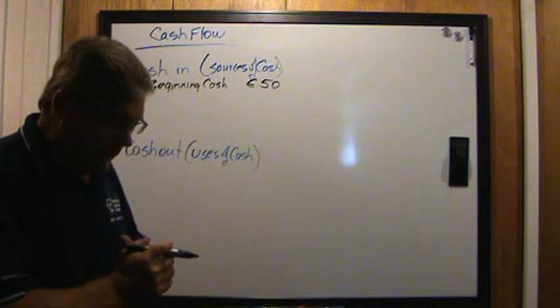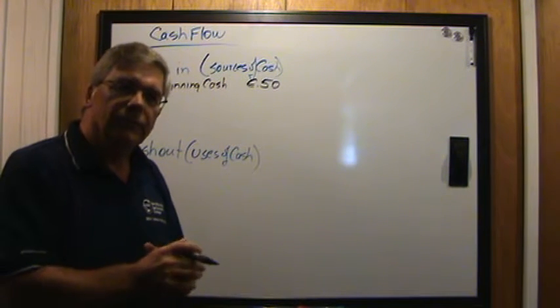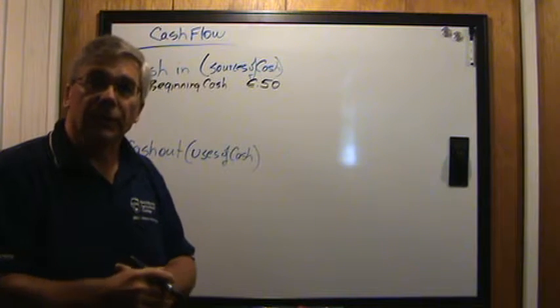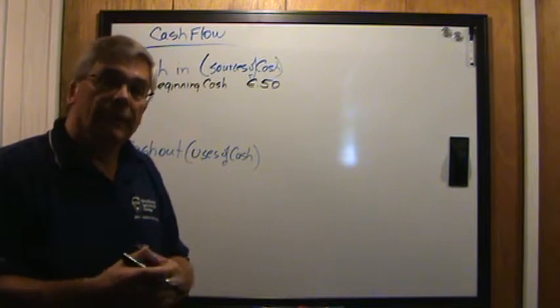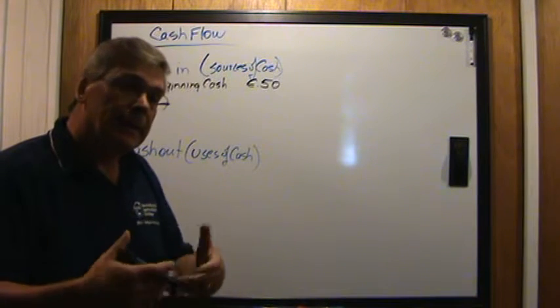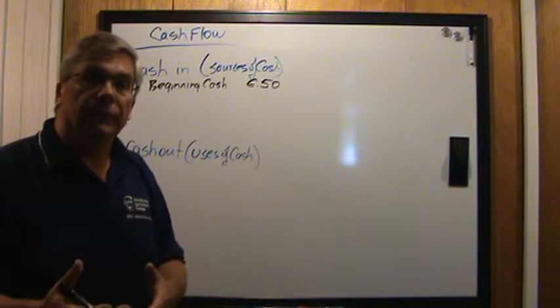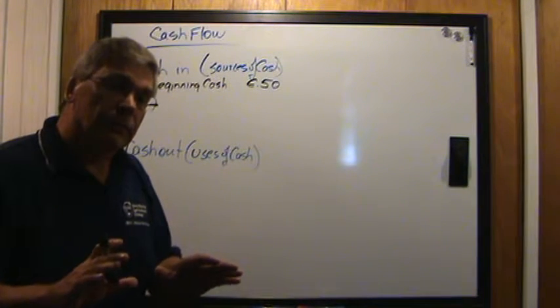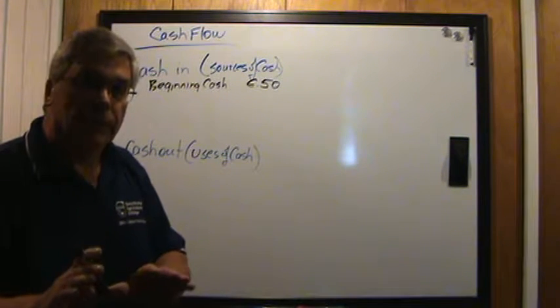Next thing that occurs is that they go around and talk to some of their friends, and they are able to talk them into giving them 25 euros each. So they have 100 euros that they have borrowed. This is money that they intend to pay back with interest at some time in the future. So it's considered a loan as opposed to being part of the ownership.